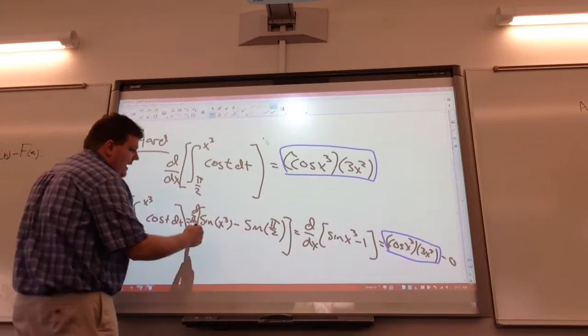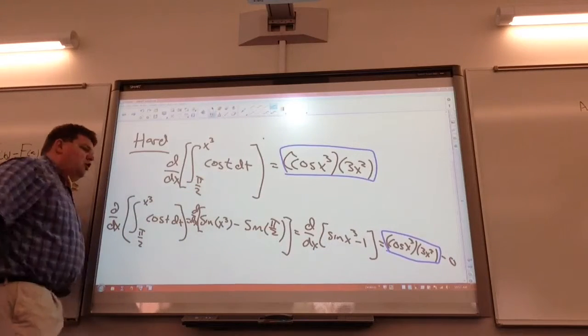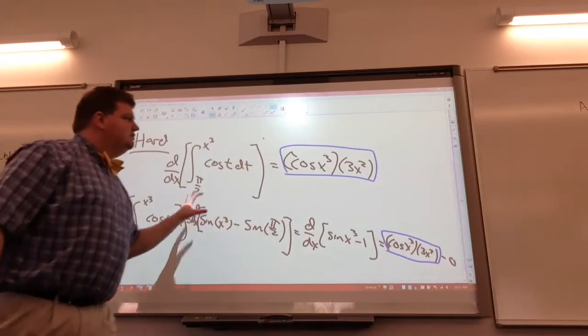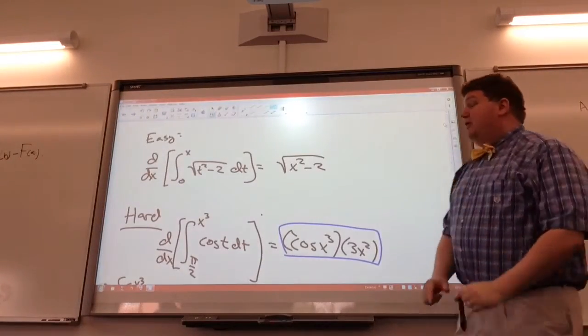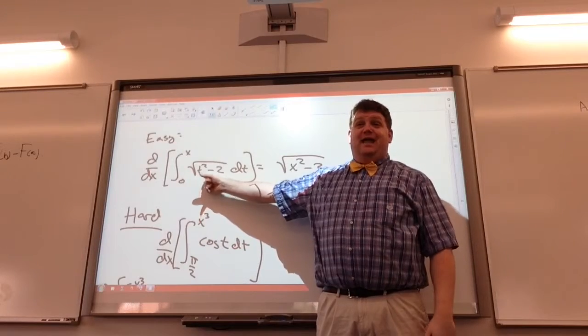You can always check this by taking the integral, to see if your answer came out correctly at the end. The reason I didn't use this method up here for the easy one is because, quite frankly, I can't really do the integral of that.